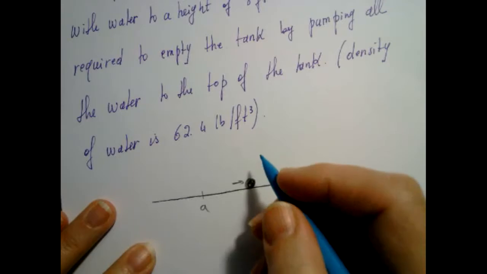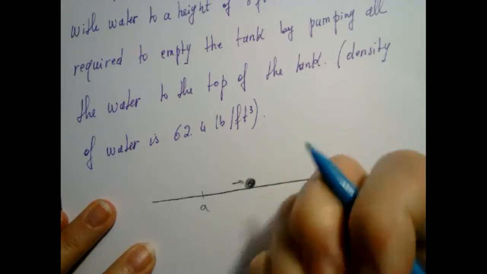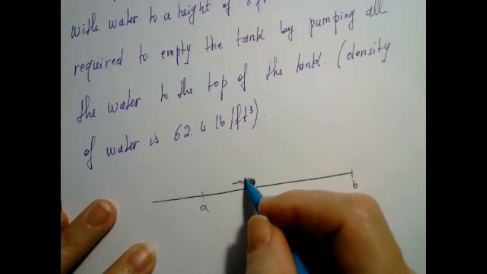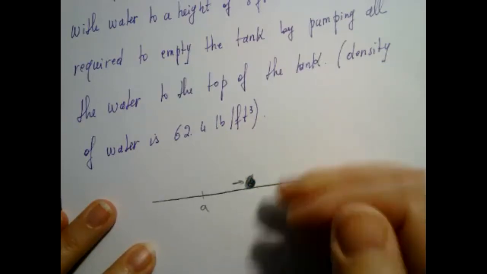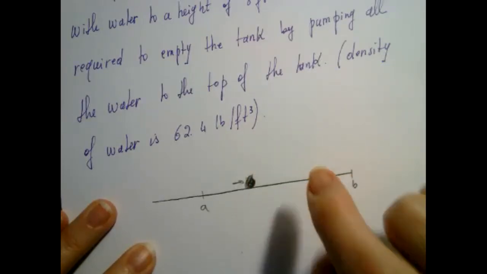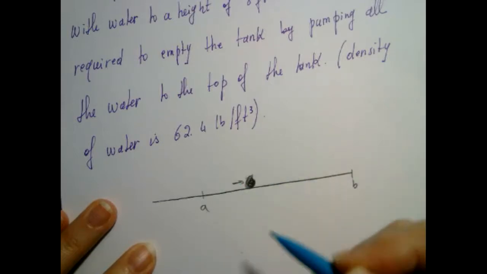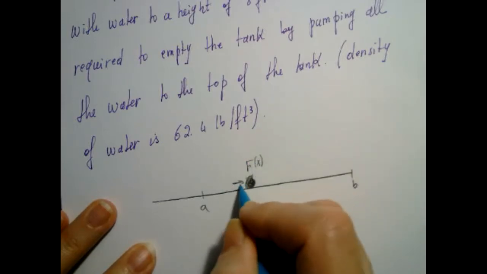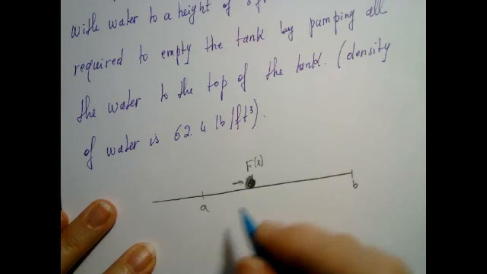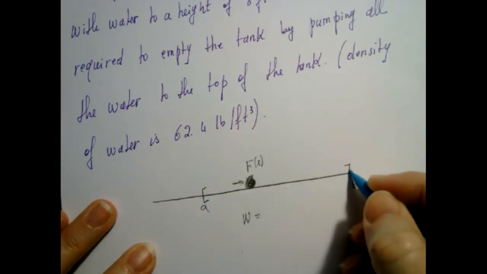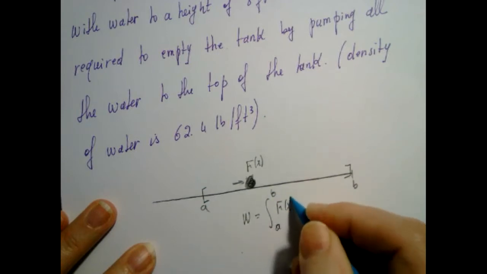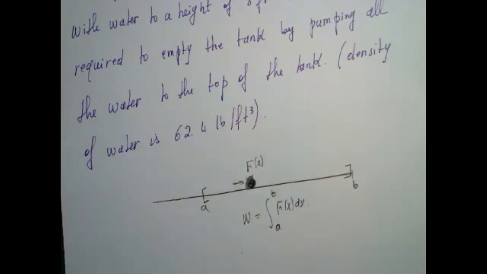So in case of the spring, we actually have the end of the spring, that's my object, and we're moving the end of the spring. And as you move it, the force we need changes. So we had f of x, the force needed to move the object a little bit. And then we find that the work needed to go from a point A to a point B is the integral from A to B of f of x dx. That we've seen so far.